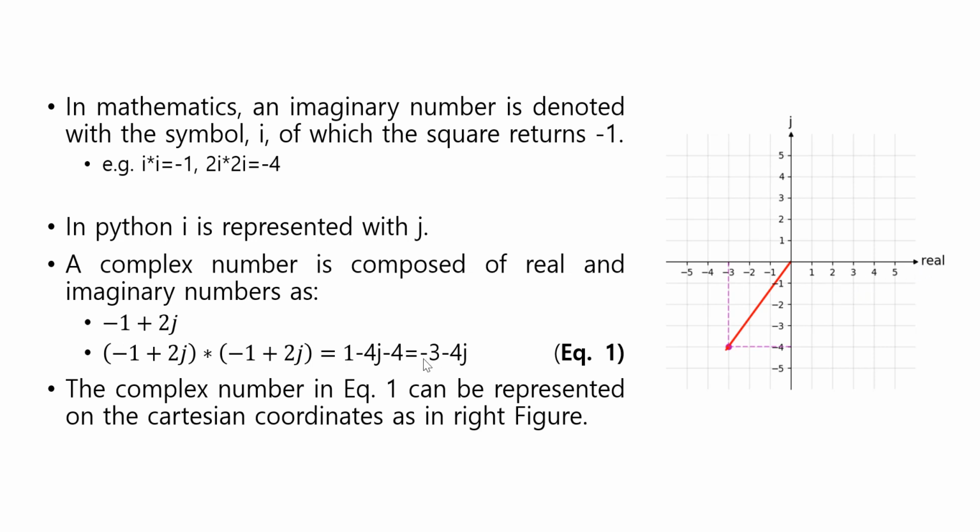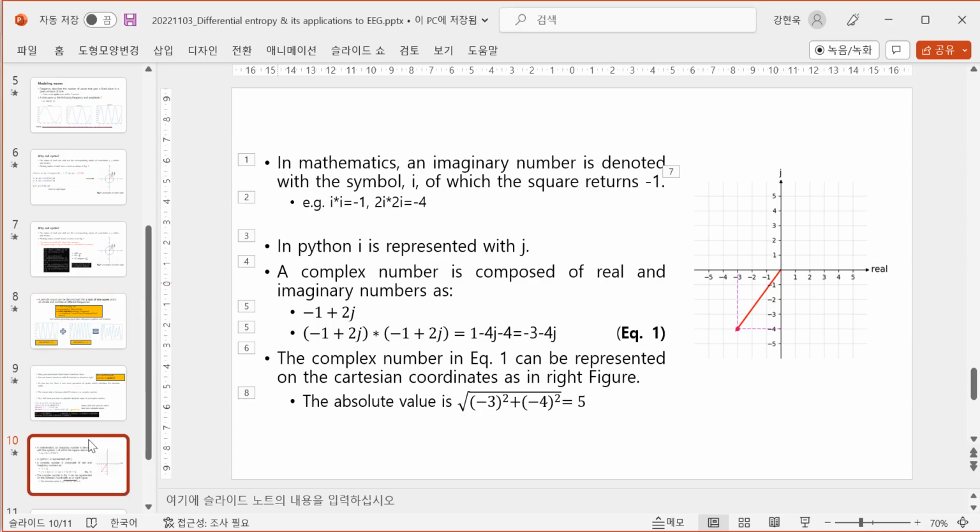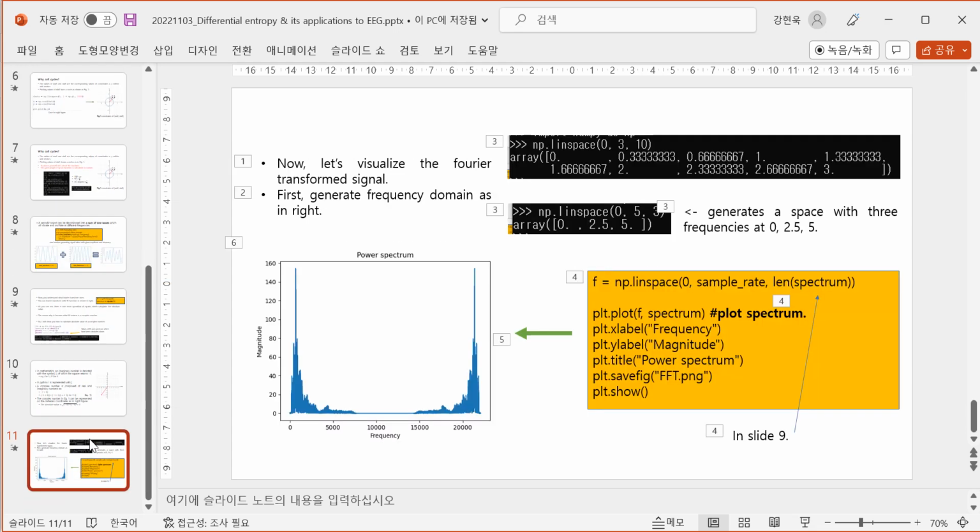Because it's -3 minus 4j, it is represented as -3 on the real horizontal line and -4 on the vertical line, and we calculate the length from these two coordinates. So going back to where we were.